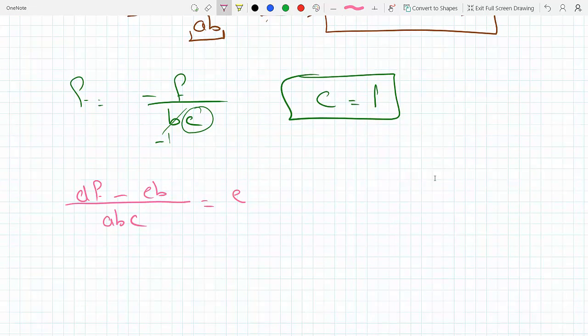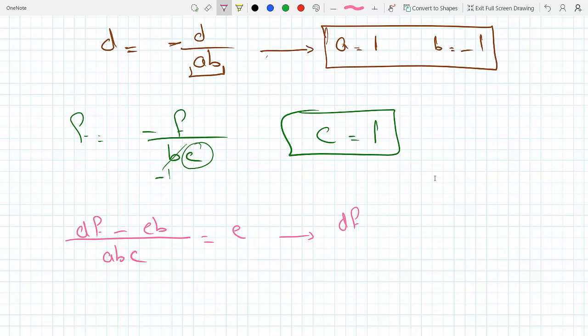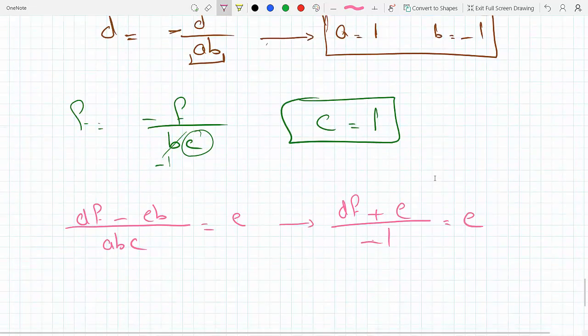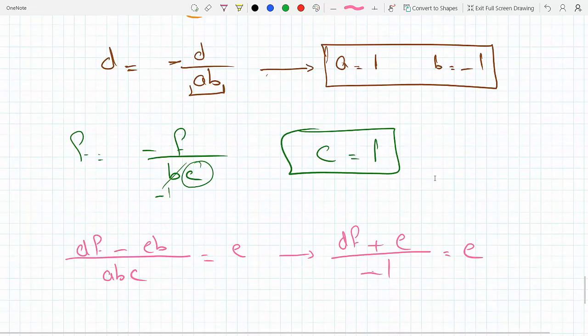Okay, let's plug in what we know. So what we know is DF, B is minus 1, so this is plus E over ABC, that's just minus 1, equal E. So DF, B is minus 1, which makes this plus, and ABC.